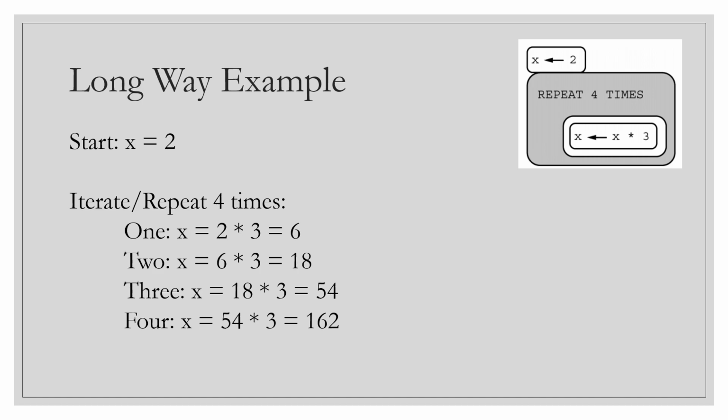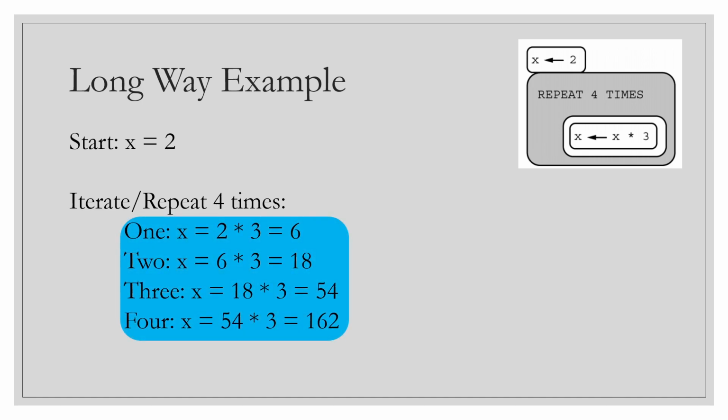So one way of tracing this is notice how I'm expanding this section of code into what I have shown here, because since we know that we start with a value of 2 for x, one can simply understand that in the first loop, 2 is going to be multiplied by 3 and it's going to be equal to 6, and this value of 6 is being stored into variable x.